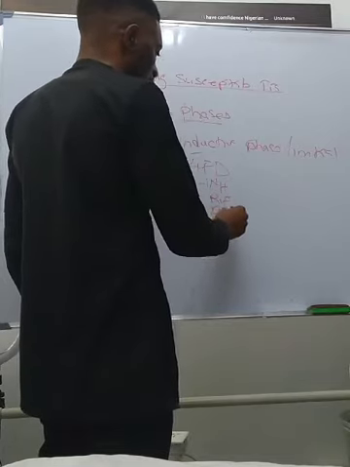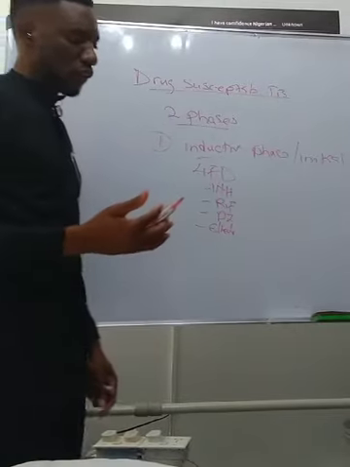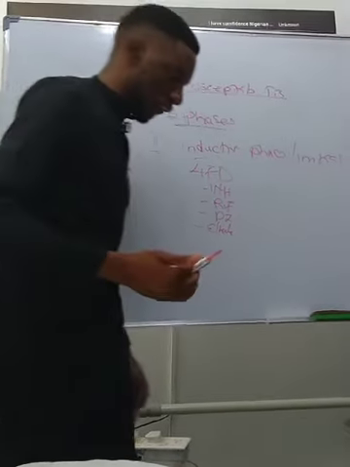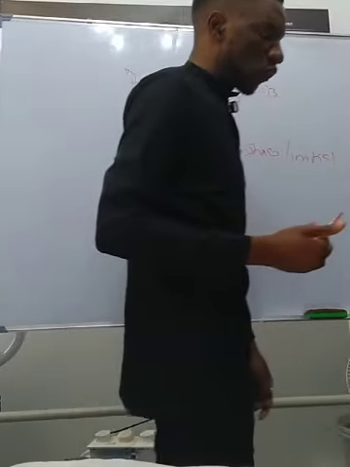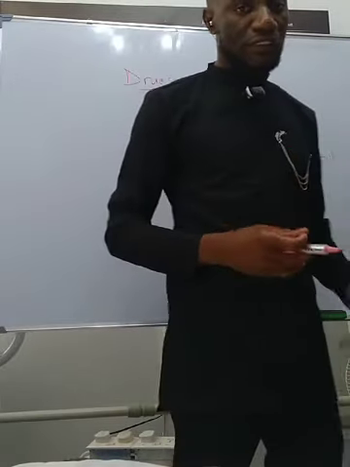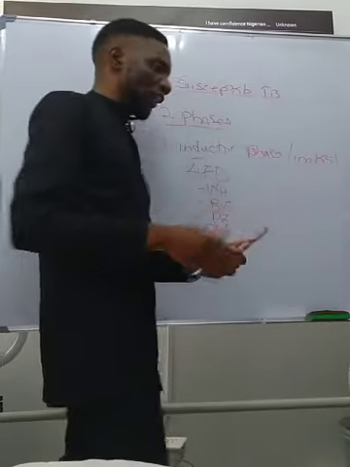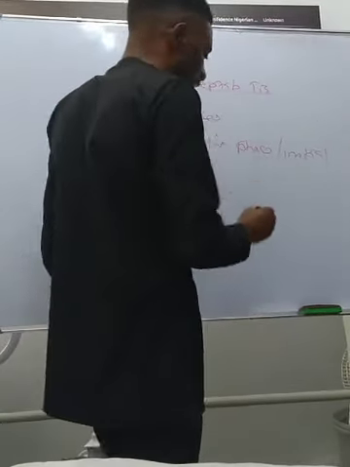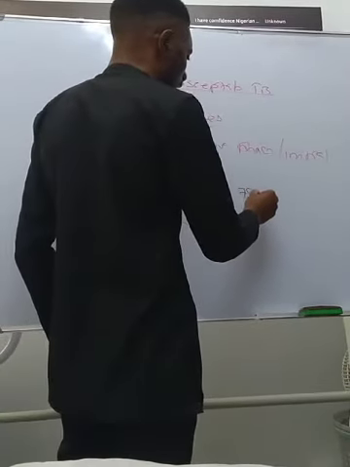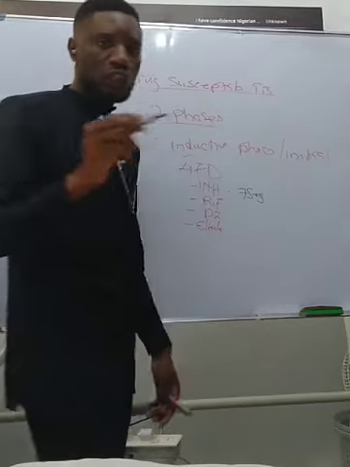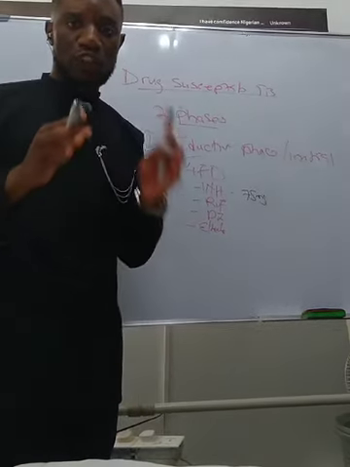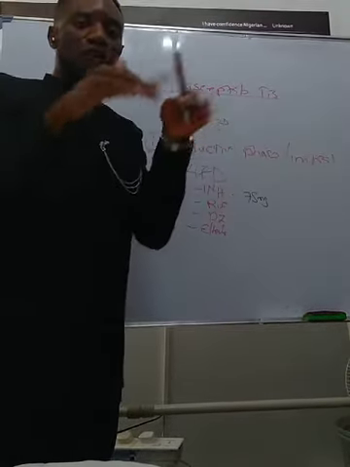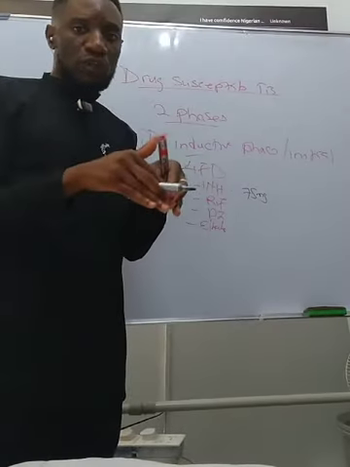Now, in our setting, for example in Zambia, there's what you call compositional strength. What is the strength of the individual drugs in this 4FDC? The isoniazid in 4FDC comes in at 75 milligrams. This is not a dose. This is the strength composition of isoniazid in the fixed dose combination.